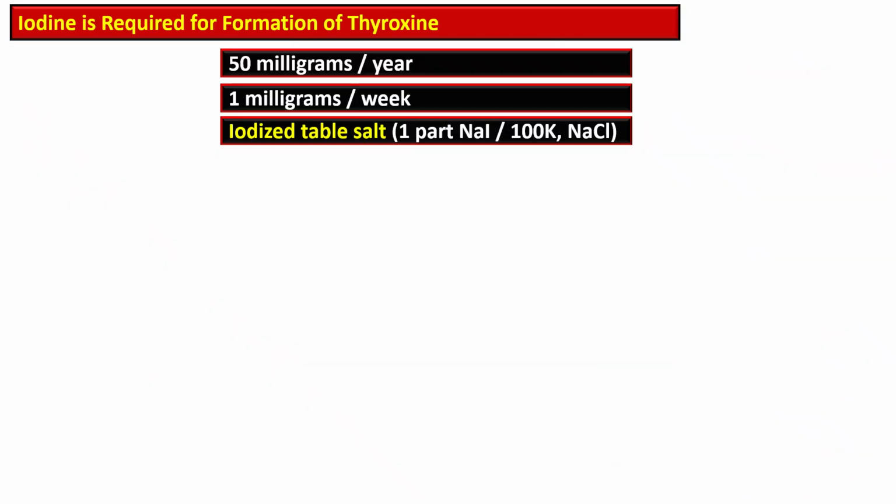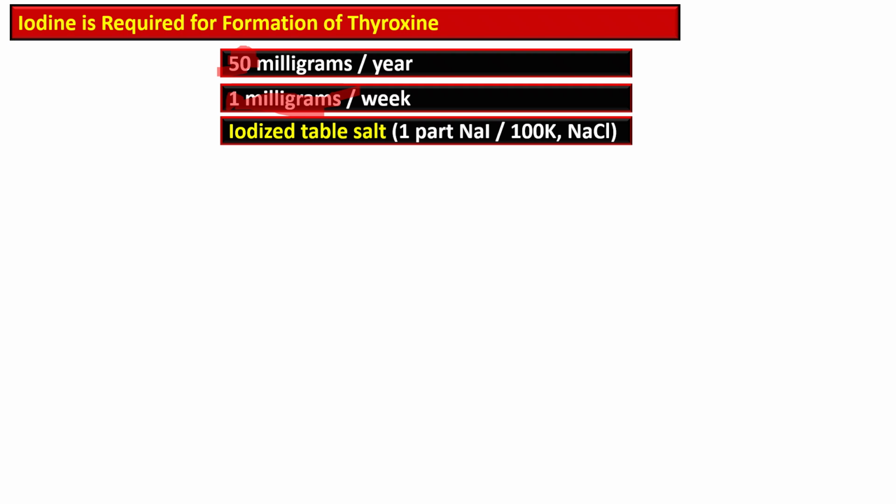So iodine has an essential role in the formation of thyroxine, and thyroxine is the major hormone secreted by the thyroid gland. About 50 milligrams per year is required, which equals roughly 1 milligram per week, and this is sufficient for normal thyroid production.